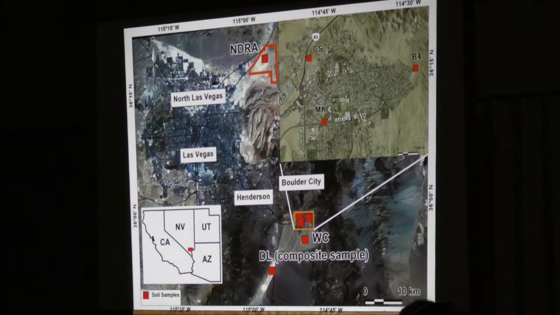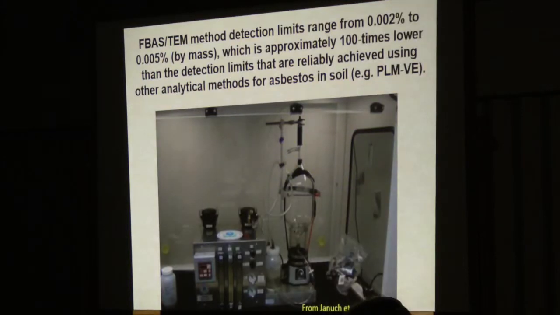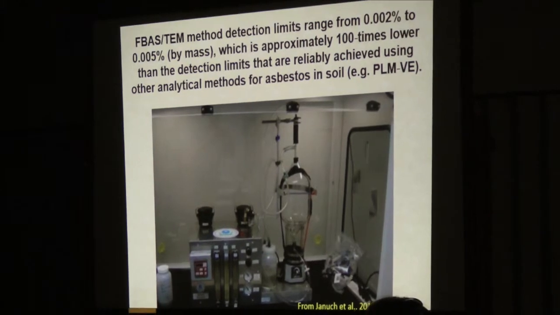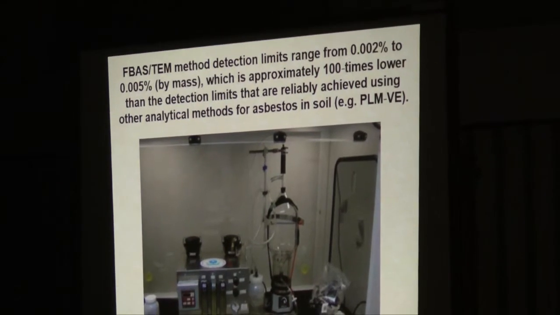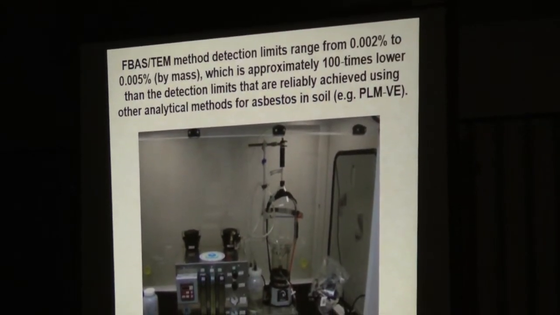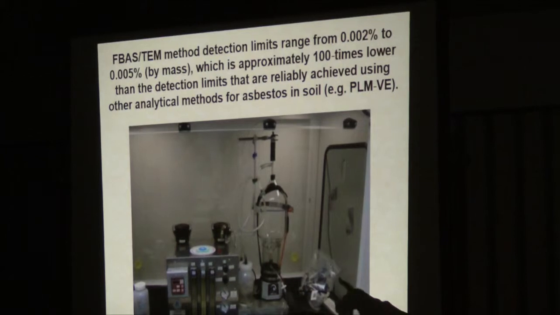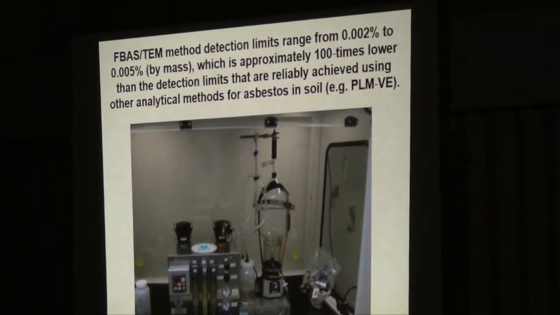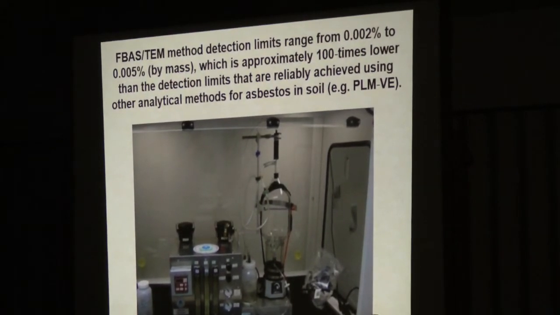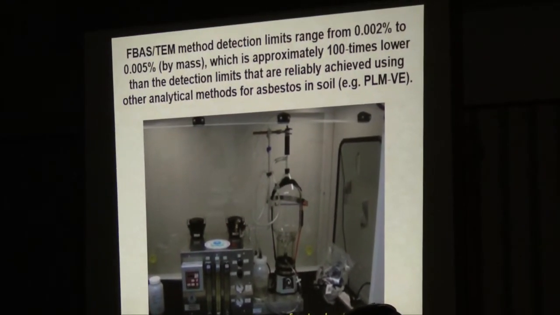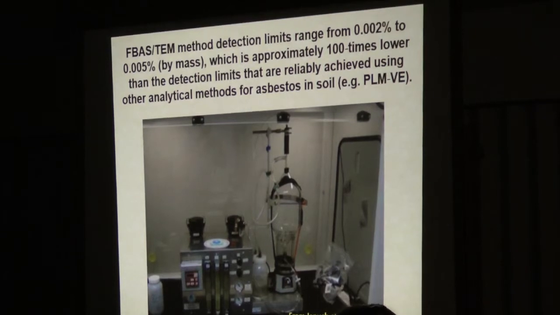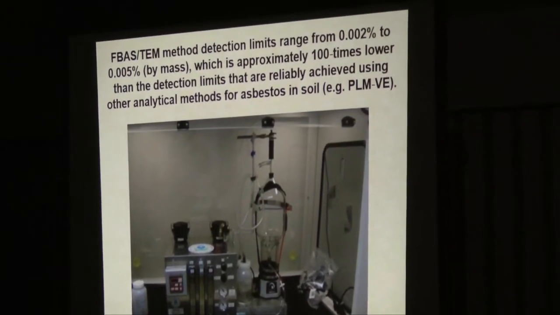Okay, and I'll walk you through what we did. The next slide shows the equipment. This is called FBAS. It's a fluidized bed asbestos segregator. It's a method to really measure tiny amounts of asbestos in the soil. We use it with a transmission electron microscope. And basically you put the soil in here, you blow air through it, and it picks up the fibers and all of the small particulates, and it gets blown onto an air filter, which then you put under the transmission electron microscope and measure, count how many fibers are there.